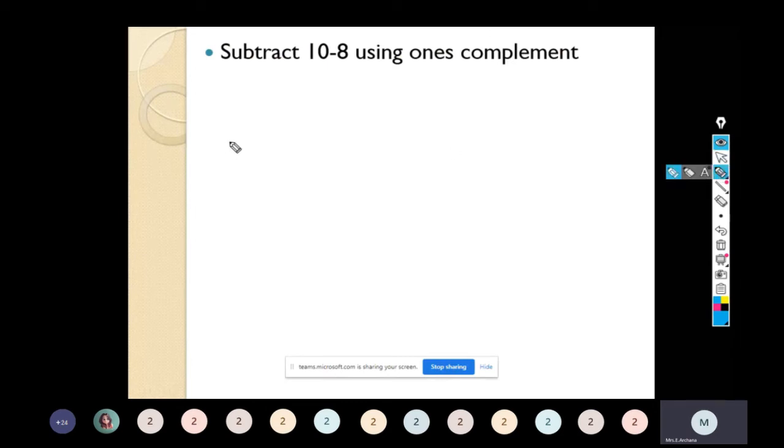Yes. Now we are going to subtract 10 minus 8 using 1's complement. This is of the form A minus B. First step, we have to convert this decimal number into binary number.